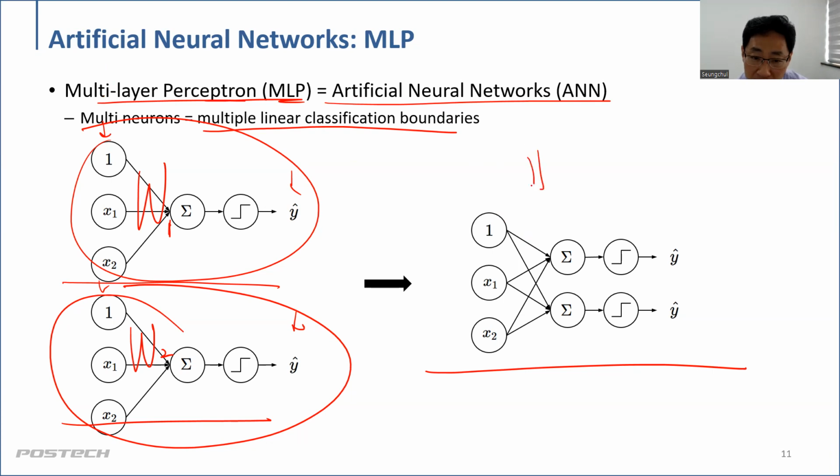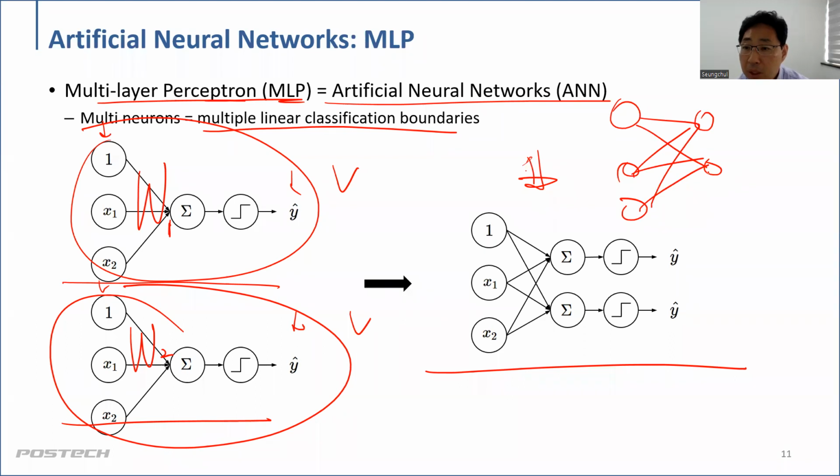By looking at this, you have to think about it in your mind. Here we have three neurons and two neurons, all connected like that. But you have to visualize one linear classifier and another linear classifier.